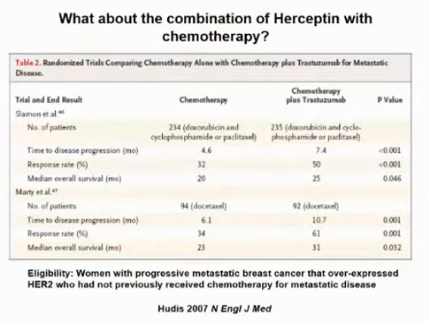So what about combining Herceptin with chemotherapy? So here we're looking at patients who've just received one of these nasty chemotherapeutic agents that inhibits DNA synthesis, or are given trastuzumab, that's the Herceptin antibody, plus the chemotherapy.